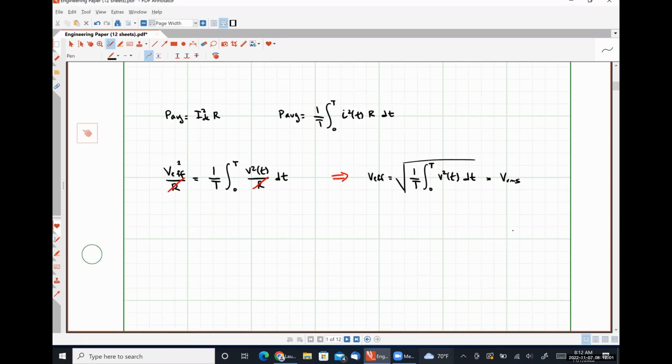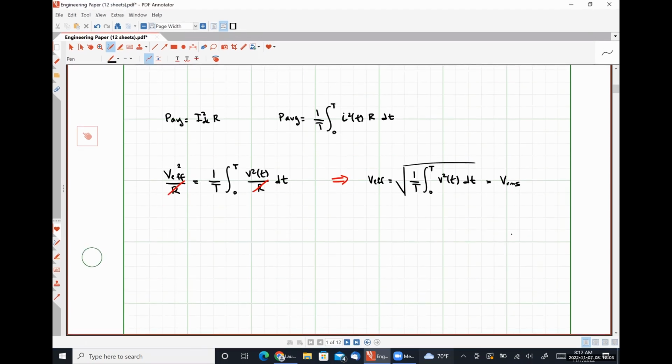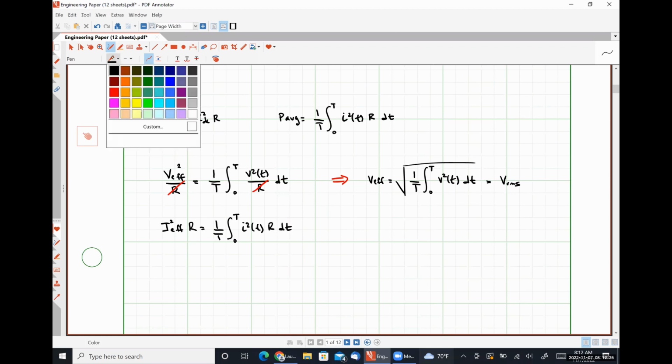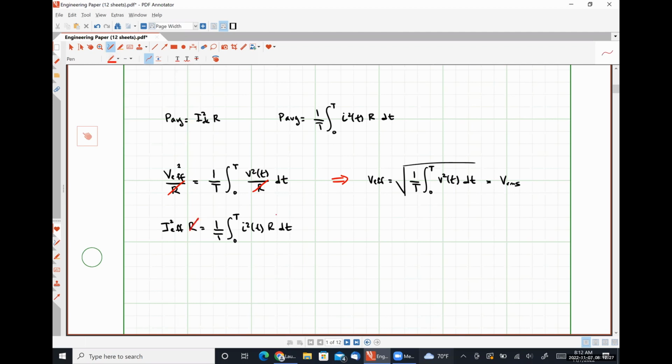We can do a very similar derivation for currents. So if we have I effective squared times R is equal to 1 over T times the integral over 1 period of I squared R times dt. Once again, we see the resistance value doesn't actually matter.